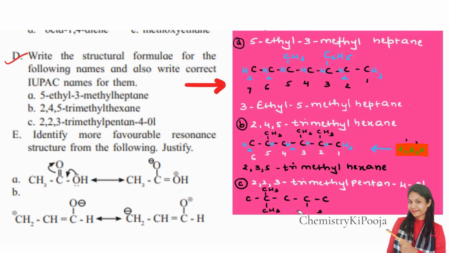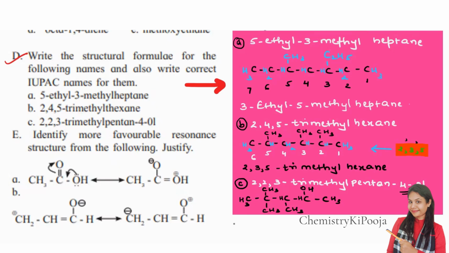And on the third position, we have a methyl group. Clear? So this is CH3, CH, CH2, and then on the fourth position, we have ol, which means the OH group. So this is OH. Clear? And finally, this is CH3. So this is how we are going to write down the structural formula.